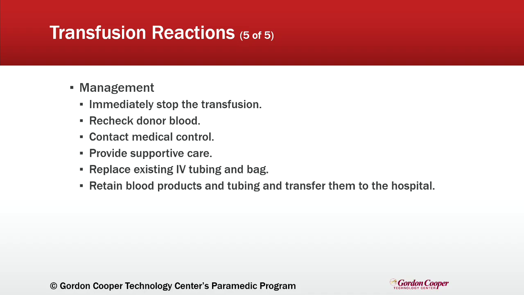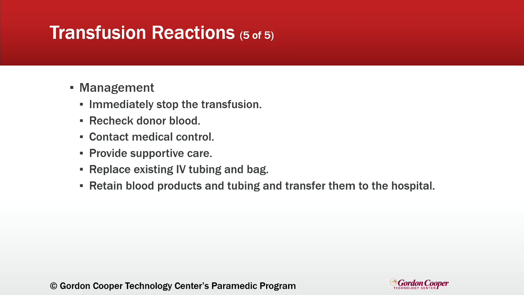Of course, the severity of the reaction often correlates to the volume of blood that we transfuse. The more blood you give, the greater the reaction is going to be. So that's why it's really important that we stop administering the transfusion quickly. We can limit the severity of the reaction by stopping that transfusion.